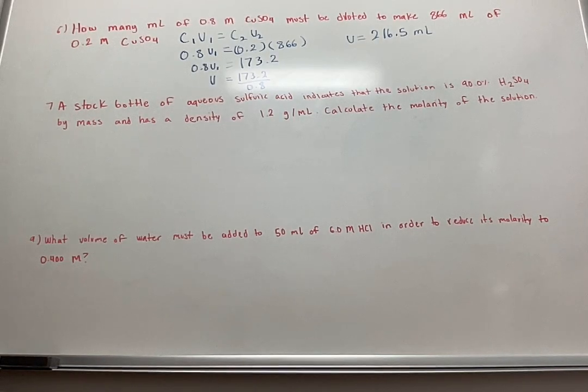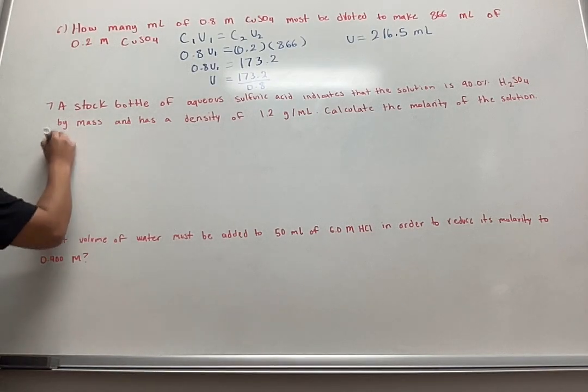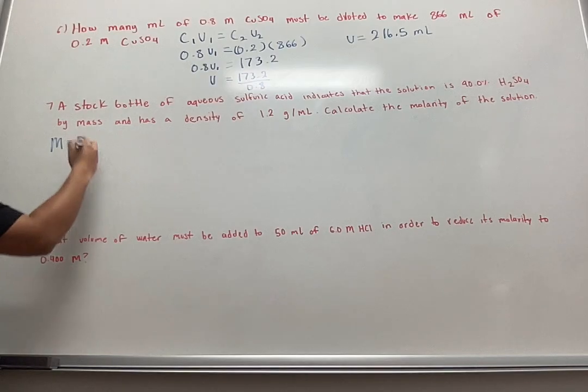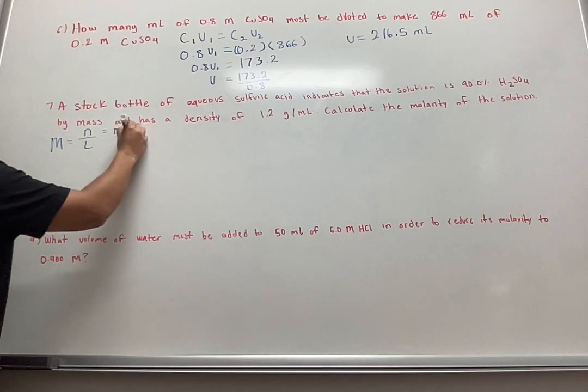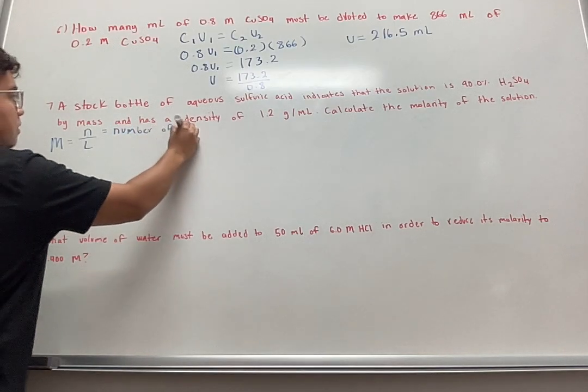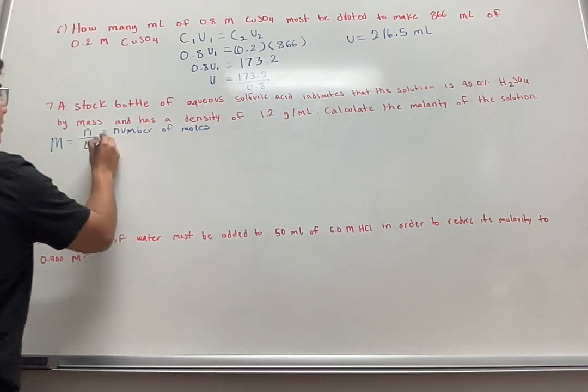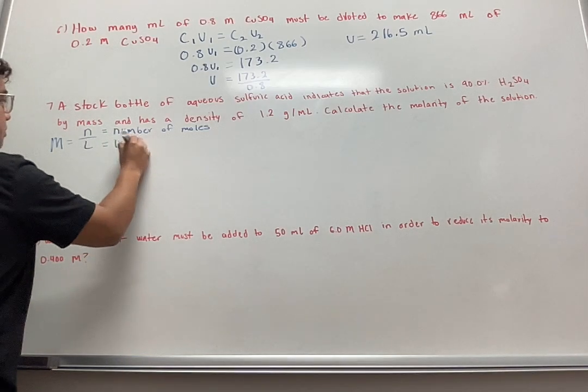Next, number 7. A stock bottle of aqueous sulfuric acid indicates that the solution is 90% H2SO4 by mass and has a density of 1.2 grams per milliliter. Calculate the molarity of the solution. A couple of things we have to remember: molarity, or concentration, is n over L, where n is the number of moles and L is liters.